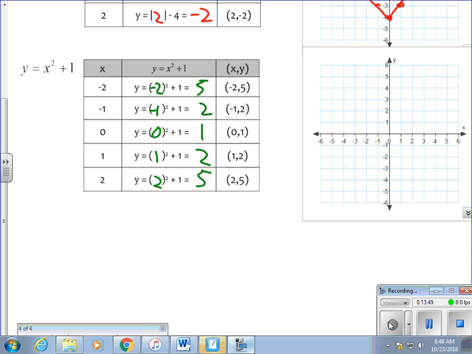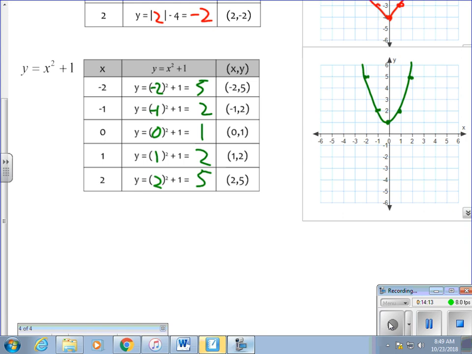And then we plot them out. -2, 5. -1, 2. 0, 1. 1, 2. And 2, 5. Now, this is x squared. This is called a quadratic. Quadratics give us a parabola. Parabolas are a nice U shape, not a V shape.